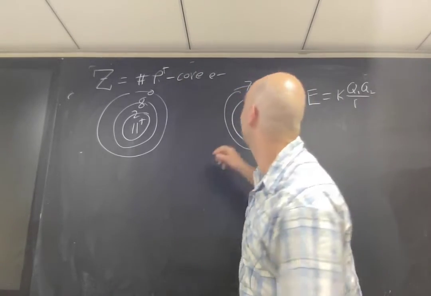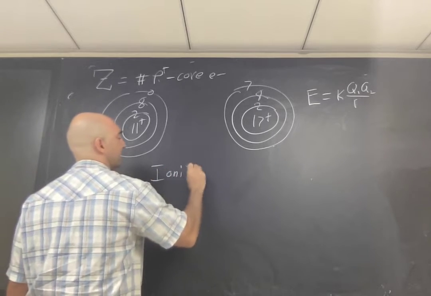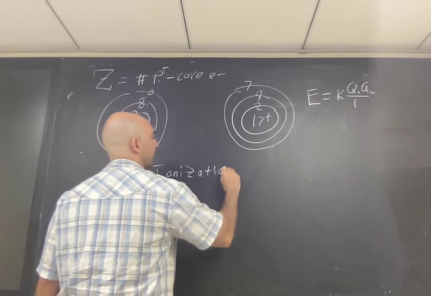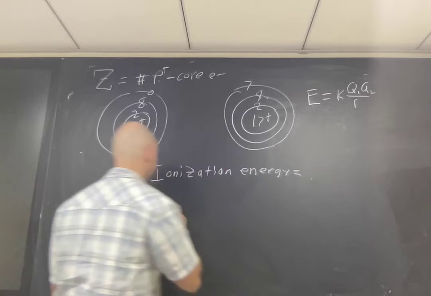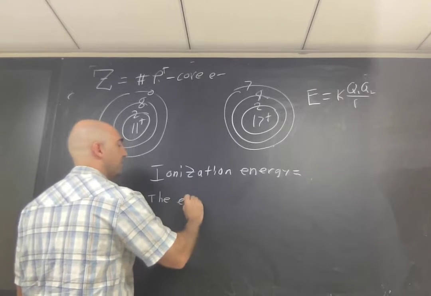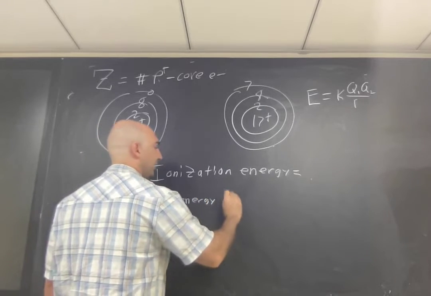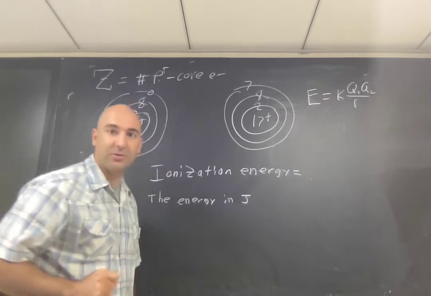Ionization energy, I'll write down so you guys: ionization energy equals the energy, in joules or kilojoules. I'm just going to put a J for joules, because I hope by now you know that a J is a joule.